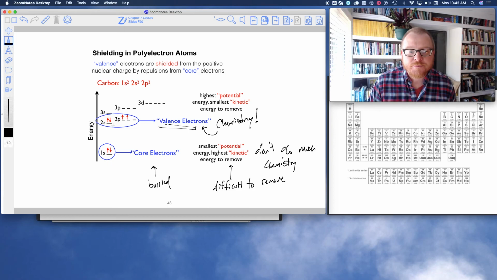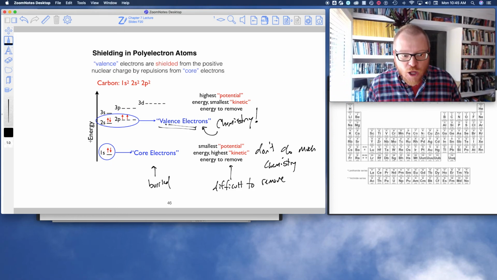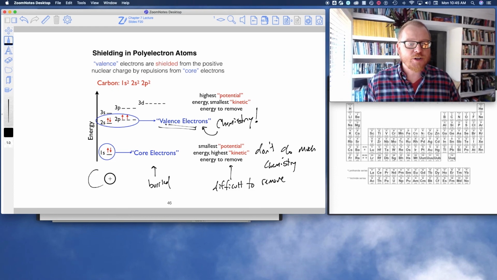Because for one, they're in these open shells. They're not closed up. But two, they are shielded from the positive nuclear charge by the core electrons, okay? So there's the nucleus right here, very, very close to the core electrons. That positive nucleus is really attaching itself to the negative electrons very strong, okay?